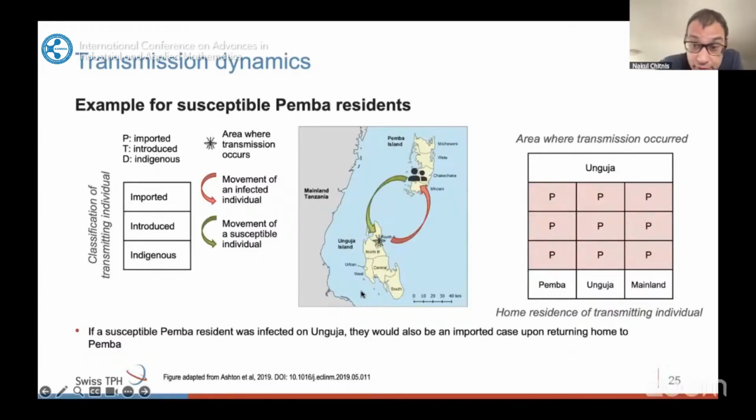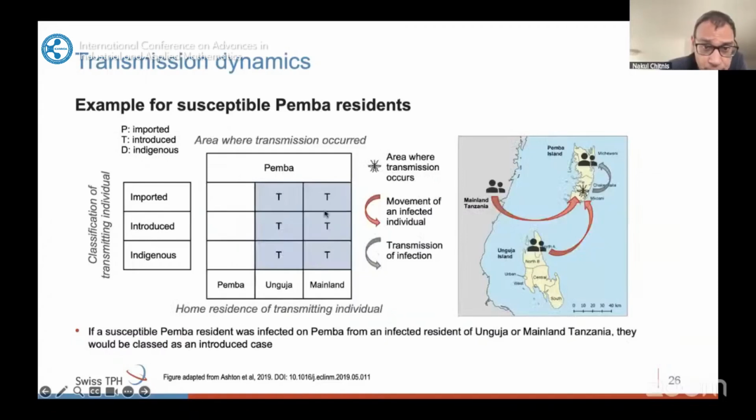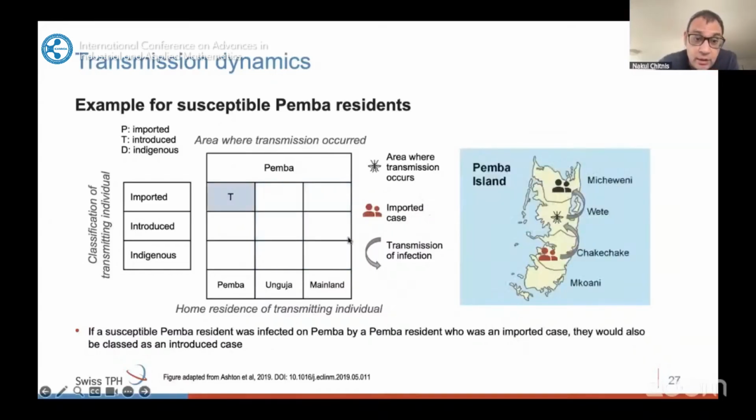If they travel to Unguja, it's again the same. No matter who infects them, because they're not in their home island, they will be considered an imported case. For Pemba residents on Pemba, if they're infected by someone from Unguja or mainland Tanzania who is visiting Pemba, they would be considered an introduced case. So this is not imported, but introduced now.